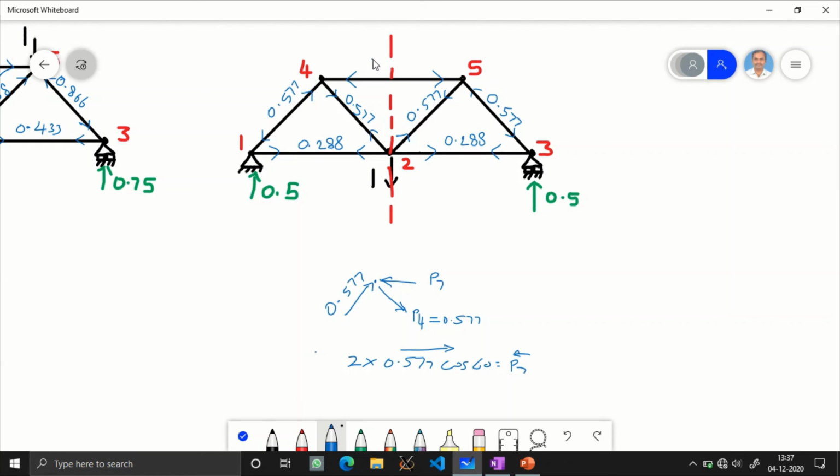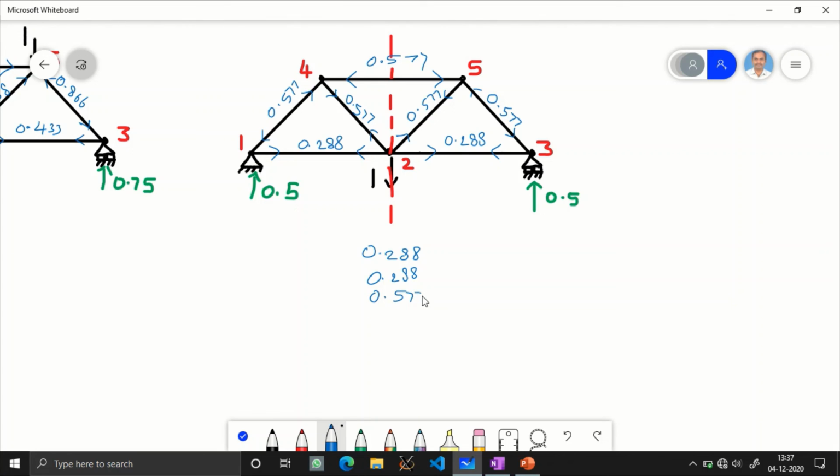So here also I have 0.577. So the third column of my B matrix will be: P1 is 0.288, P2 is also 0.288, P3 up to P7, they have the same magnitude of 0.577 each.